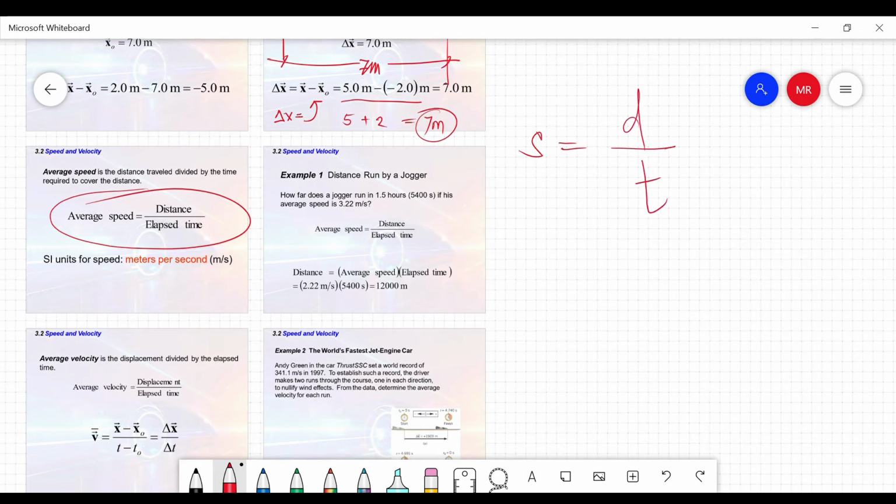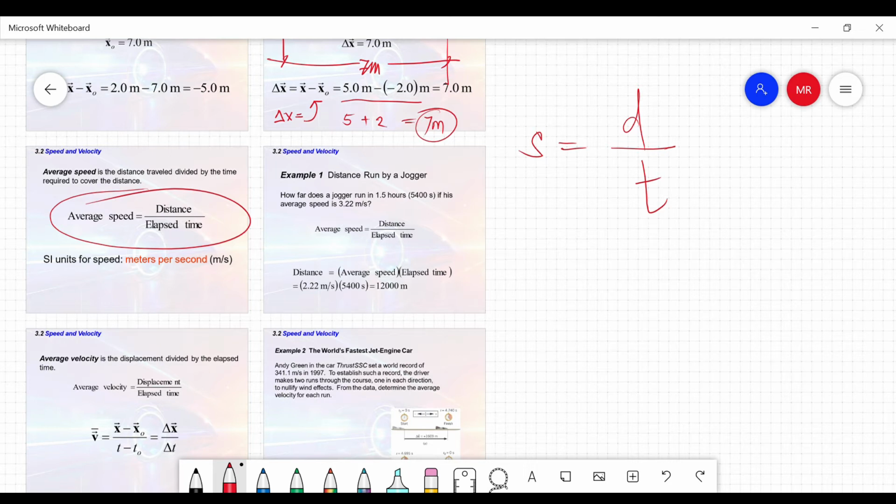Let us first denote speed as S and velocity as V. Since we are just talking about speed, then let's have S being equal to our speed, D for our distance, and T for our time. So S is equal to D over T.